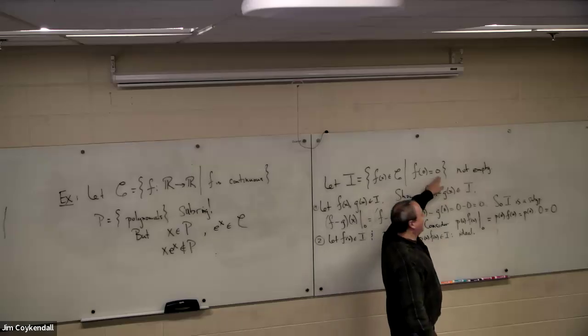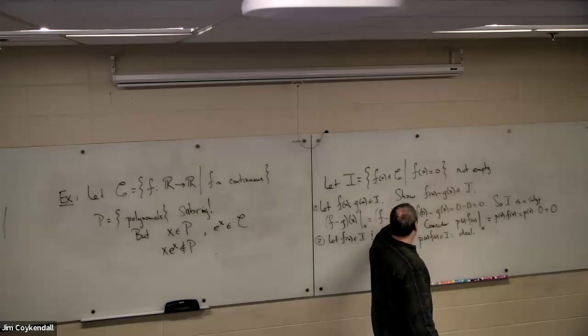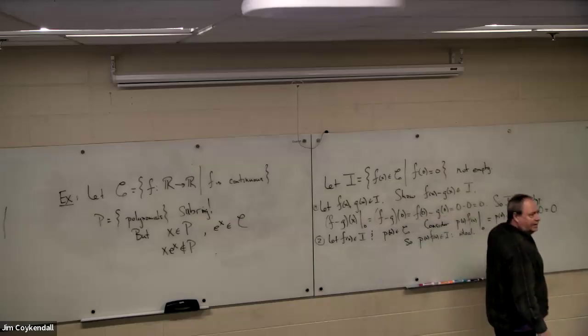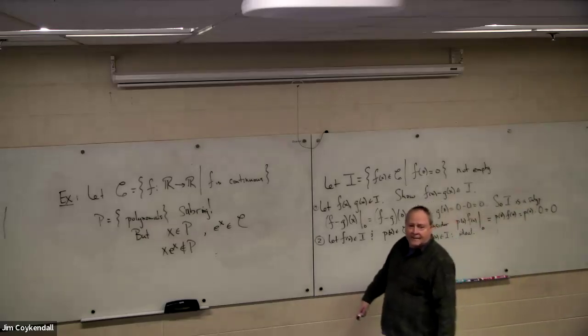And if you get zero when you plug zero into it, it lives there. And that's what we did here. F minus G, plug in zero. This is F of zero minus G of zero, which is zero, so that means that the function F of x minus G of x lives in I. Well, why did we need to show that? To show it's a subgroup, right? That's the subgroup criteria. Other questions?